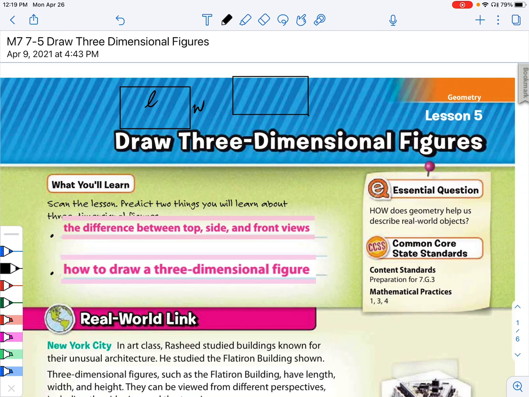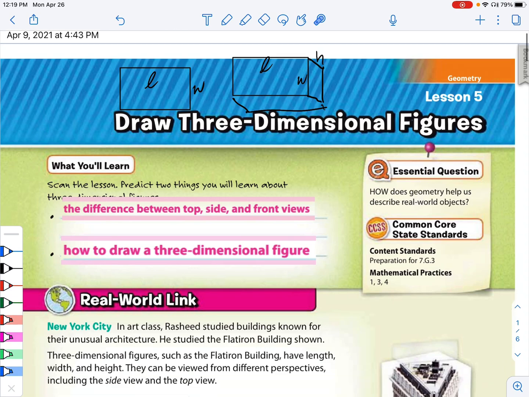A three-dimensional figure would look something like this. There you go, close enough. So again, you now have your length, and now you have your width. Now you have another dimension, which is your height. A three-dimensional figure will have all three dimensions, length, width, and height. A two-dimensional figure will only have two dimensions in most cases, length and width.